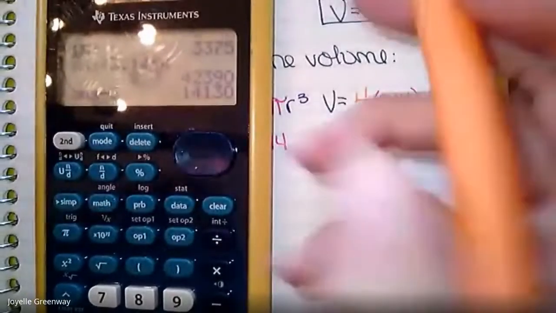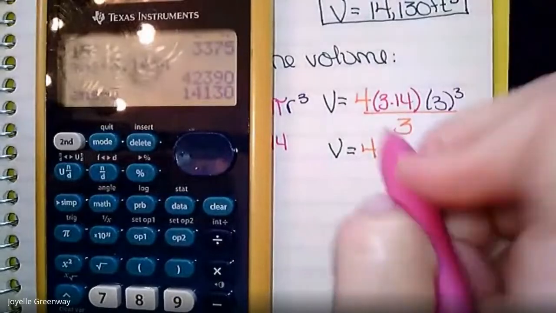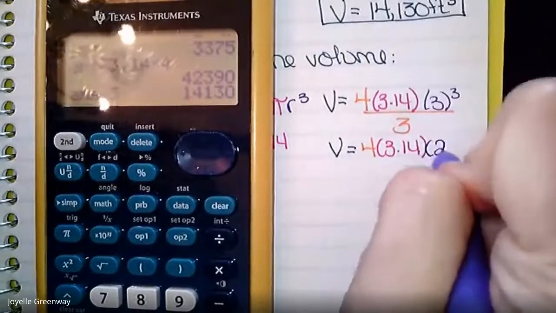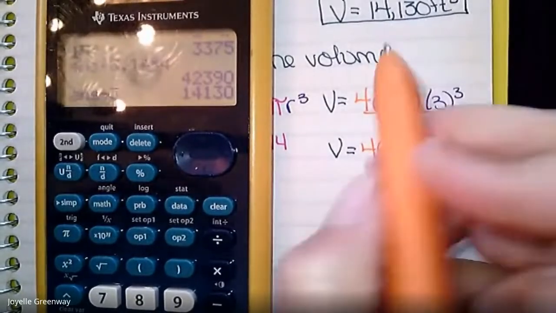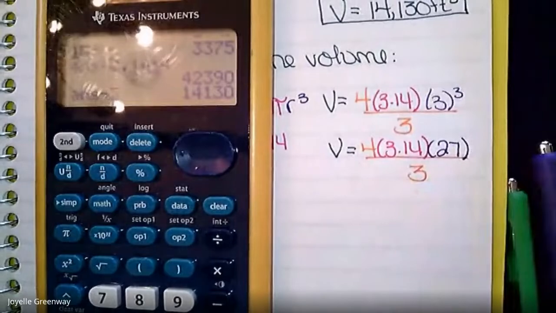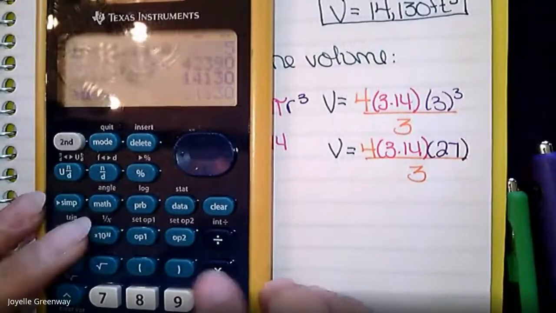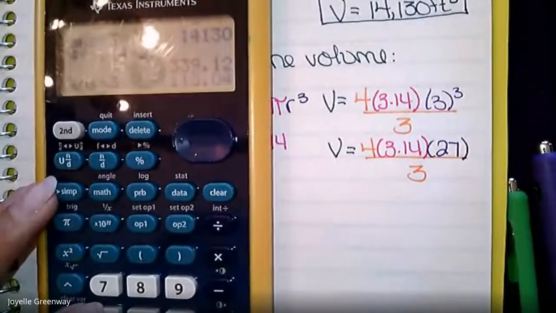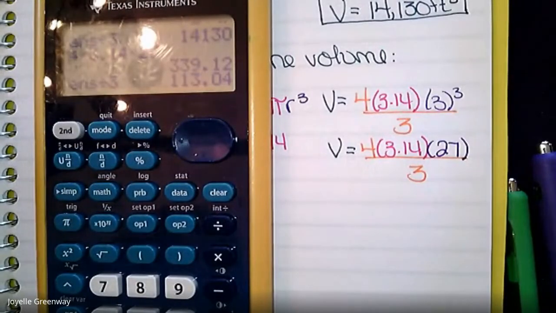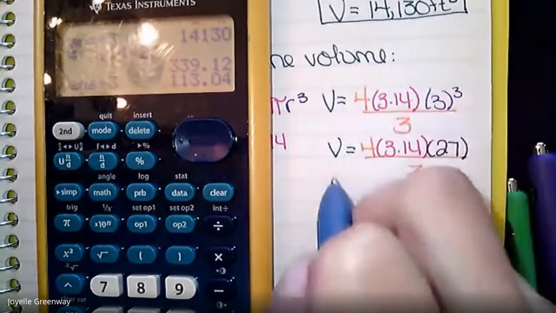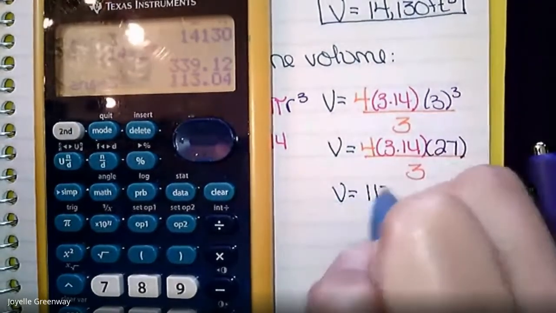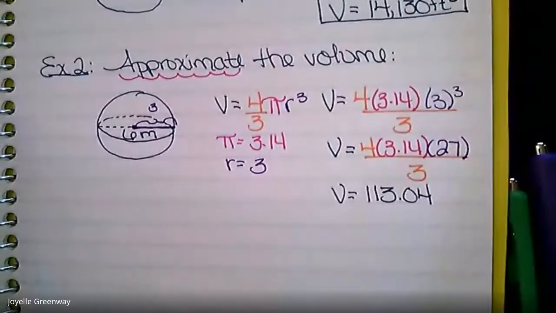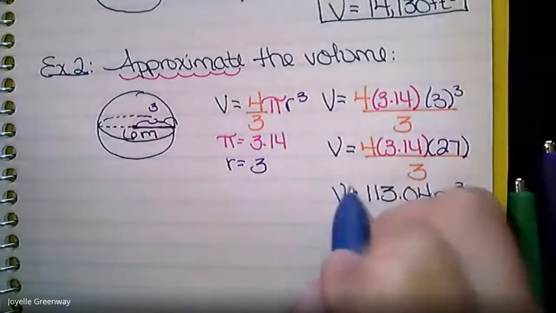Okay, so I have 4 times 3.14 times 27. And that's divided by 3. Okay, so 4 times 3.14 times 27 divided by 3, I get 113.04. So volume is equal to 113.04. And my units were meters cubed.